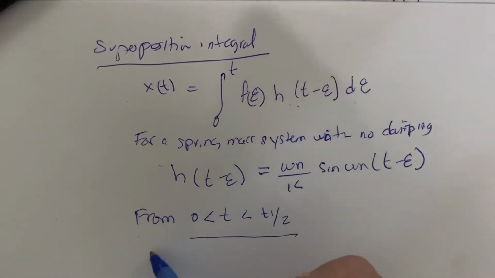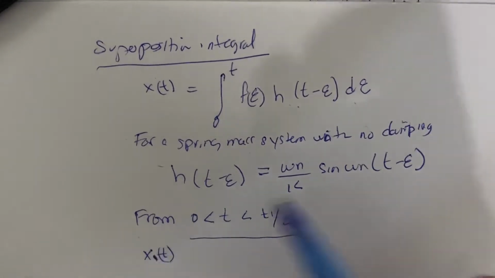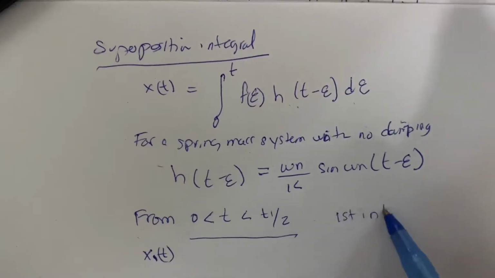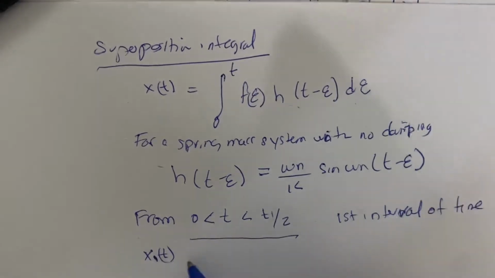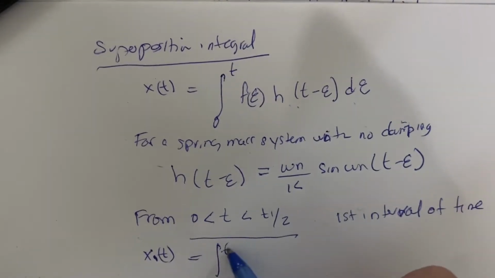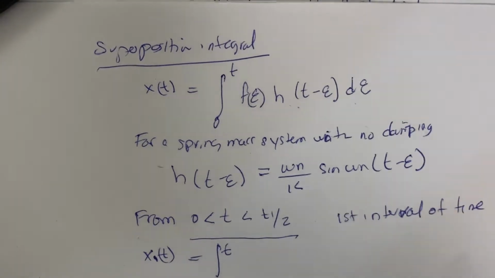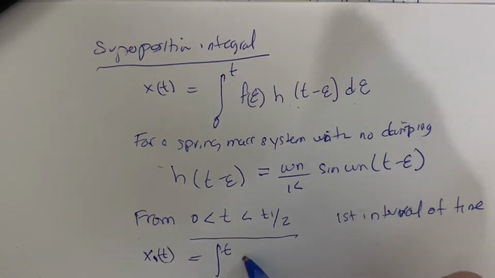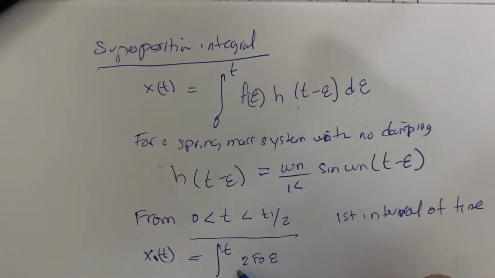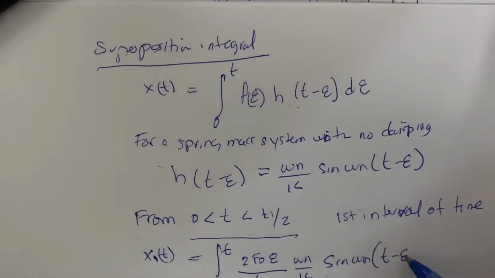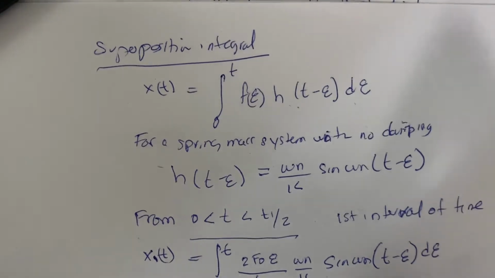We're going to get that x1(t), and I say x1 because we're in this first interval of time, is going to be equal to the integral from 0 to t. The function that is already given is 2F0 t over t1, but we're going to be working with epsilon as the integral variable, so we substitute epsilon here, times omega n over k sine omega n (t minus epsilon), and integrate that.